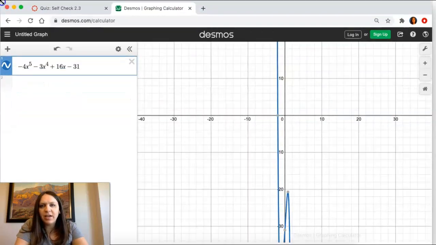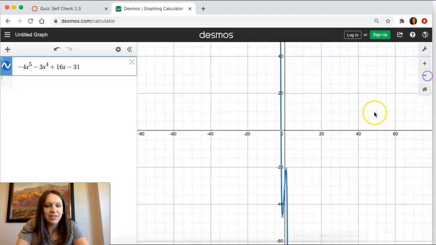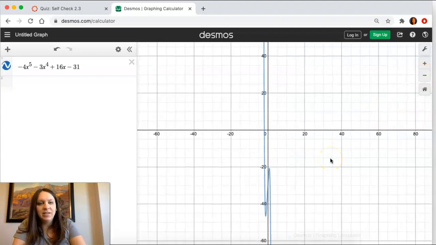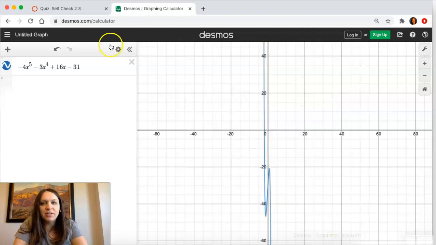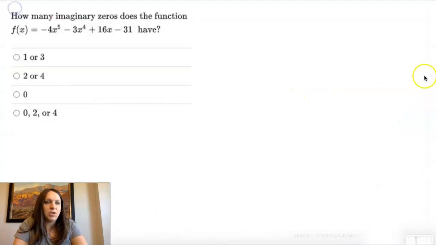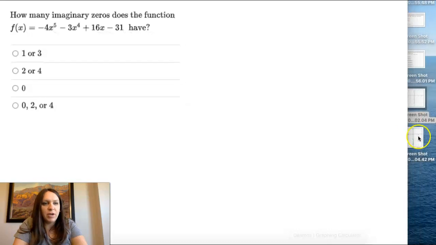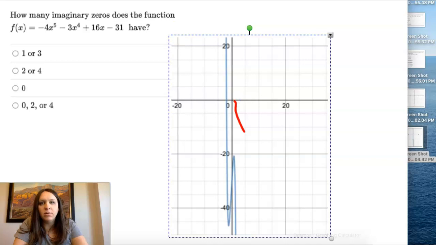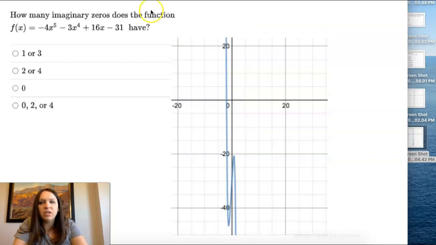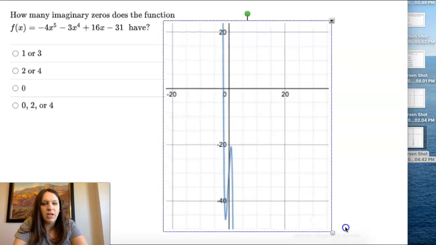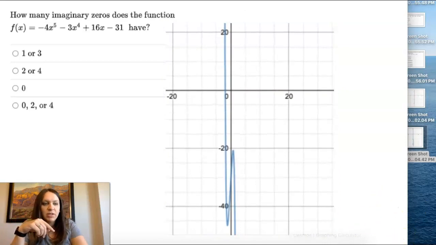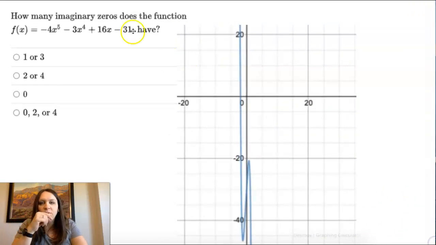And again, I just can't write on this, so I'm going to take a screenshot just because I'm going to be able to write on here and show you what I'm talking about. So here's this function. And it kind of goes up and down a little bit, as you can see. And we are trying to find out how many imaginary zeros.